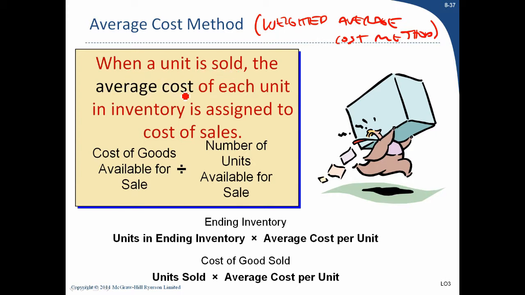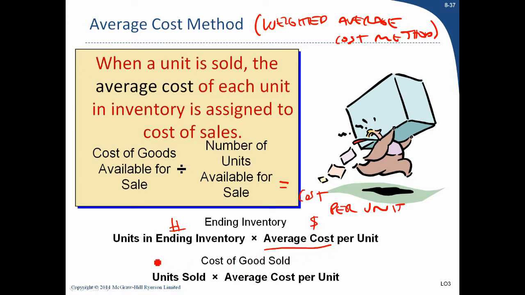When a unit is sold, the average cost of each unit in inventory is assigned to cost of sales. So you have cost of goods available for sale divided by the number of units available for sale, which gives you a cost per unit. Then your ending inventory is just the number of units you have times the average cost per unit.